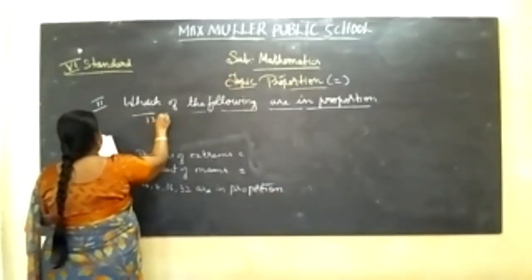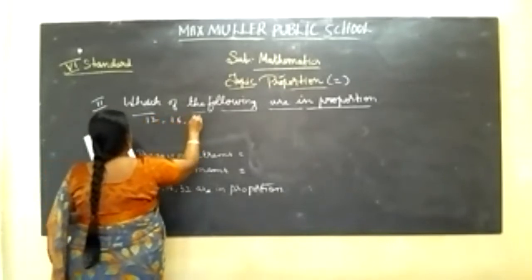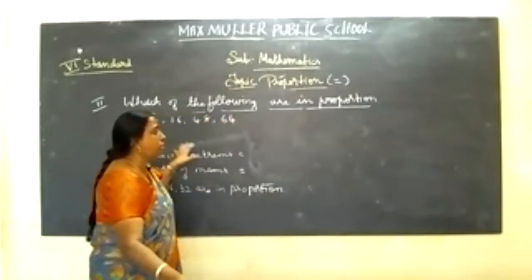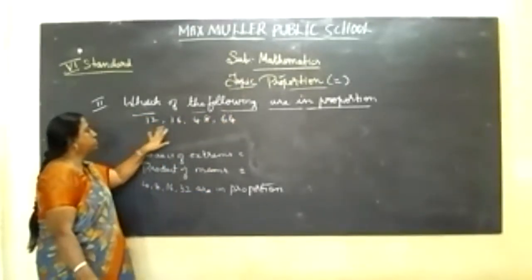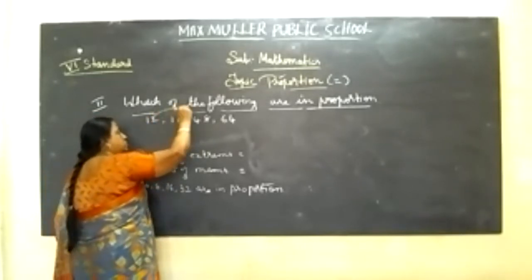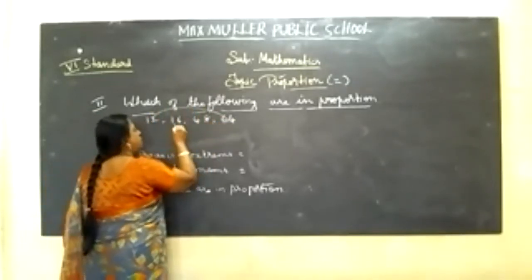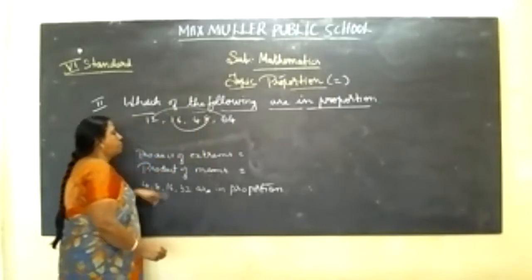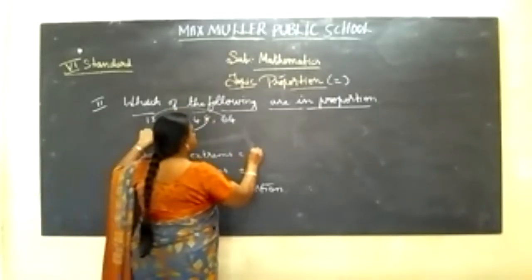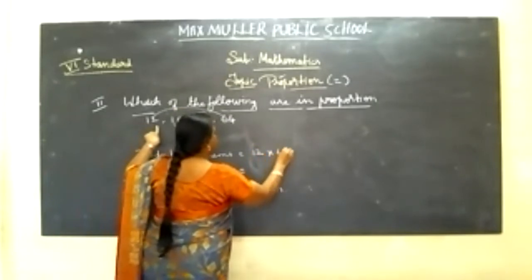12, 16, 48 and 64. Here also they are given only terms. So first term, second term, third term, fourth term. The first and fourth terms are extremes, the second and third terms are means. Product of extremes is 12 into 64.